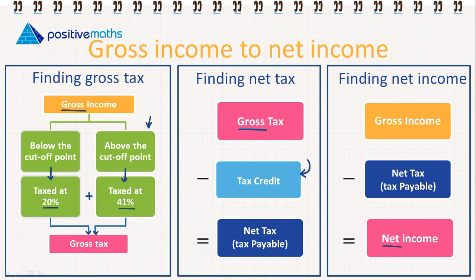So like in algebra where we have different variables and different parts that we need to find, it's the same idea here. We might not always be given all of the basic information and have to work to find the net income. Sometimes we have to work backwards. Sometimes we're given the net income and we have to work backwards to find the gross income. So that's what we will work on in the next videos.